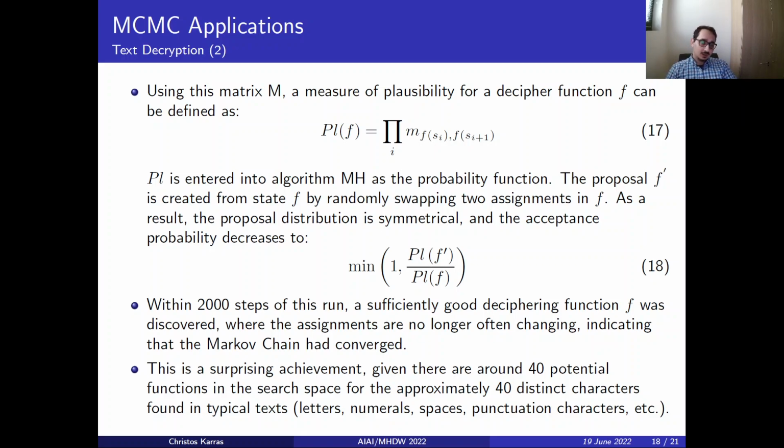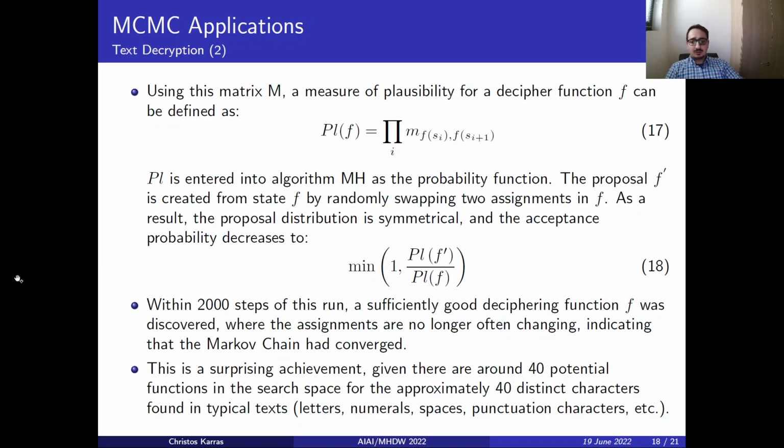The proposal F prime is created from state F by randomly swapping two assignments in the initial F function. As a result, the proposal distribution is symmetrical, and the acceptance probability simplifies to equation 18. Within 2000 steps of this run, a sufficiently good decryption function F was discovered, where the assignments are no longer changing, indicating that the Markov chain has converged.